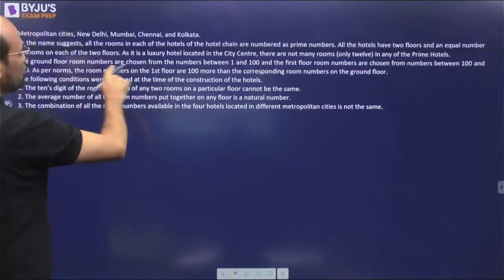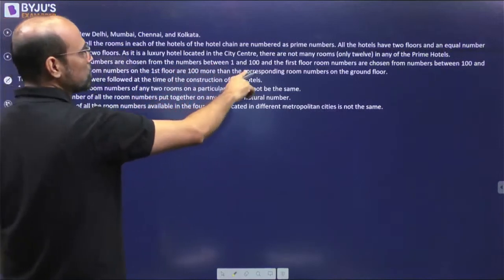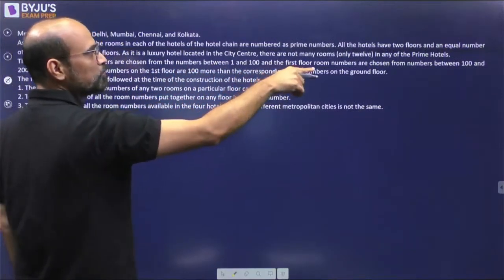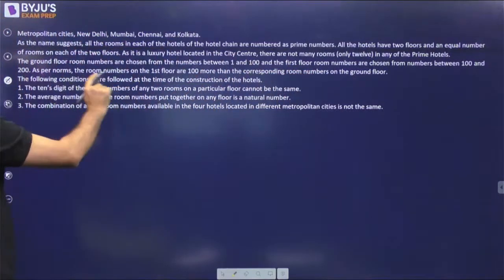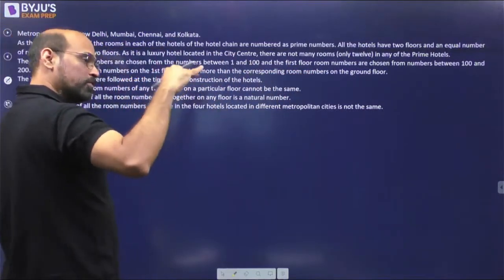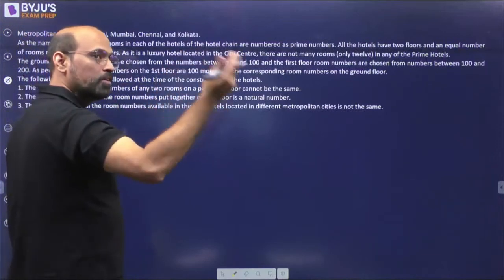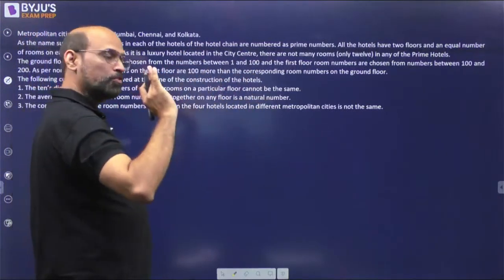And the ground floor room numbers are chosen from the numbers between 1 and 100, and the first floor room numbers are chosen from numbers between 100 and 200. And the room numbers on the first floor are 100 more than the corresponding room numbers on the ground floor.